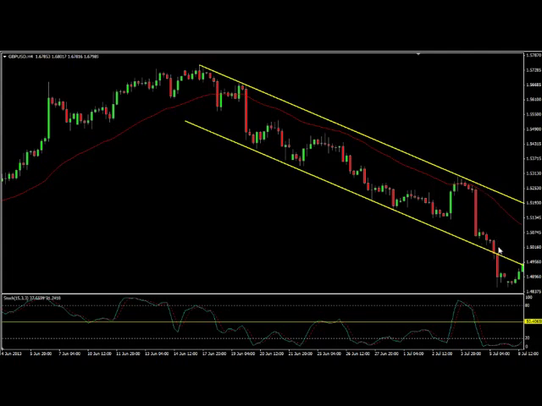But if you use a scale out technique, you can exit maybe 80 or 70% of your position and then let it continue until your area of support becomes your area of resistance, and then exit the trade completely.